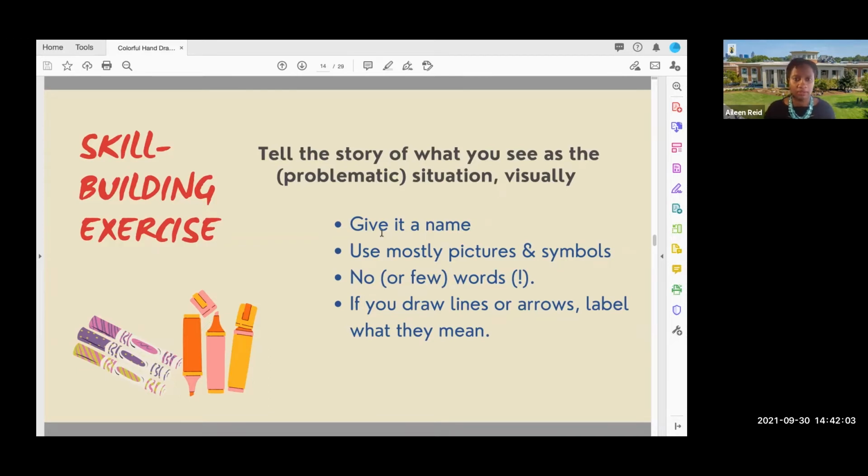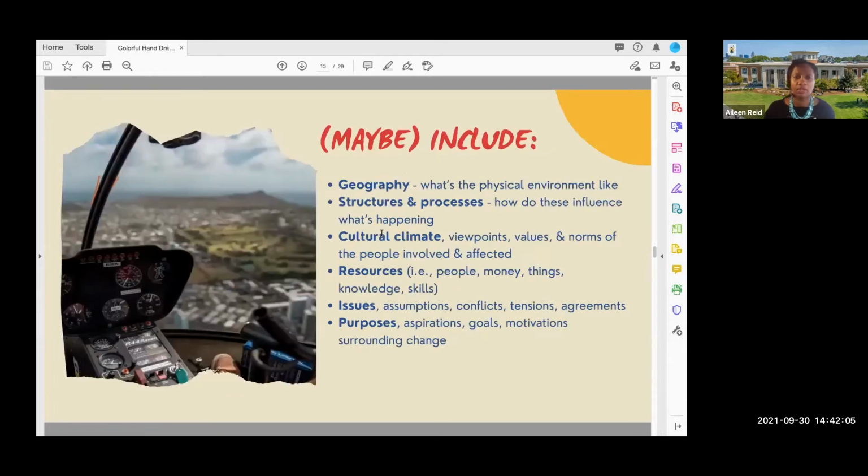Okay, next slide. As you're thinking about this, perhaps you might want to include geography. What's the physical environment like? For example, if you're working with a group on a student success issue or a STEM issue on a college campus, you're evaluating that campus, you might want to draw or depict that geography in some way or form.